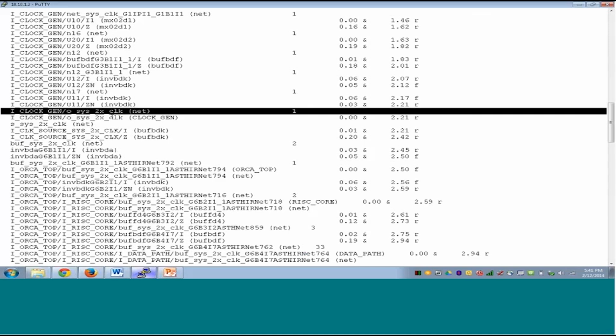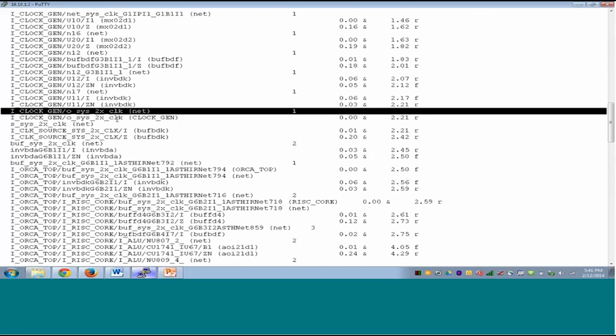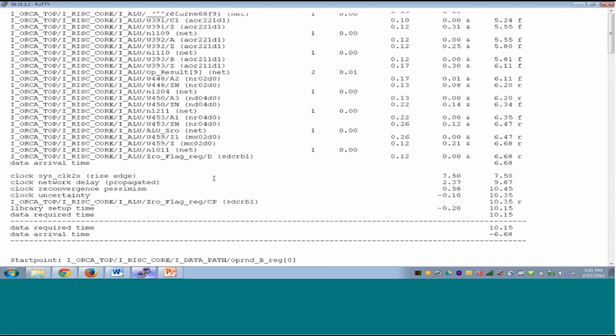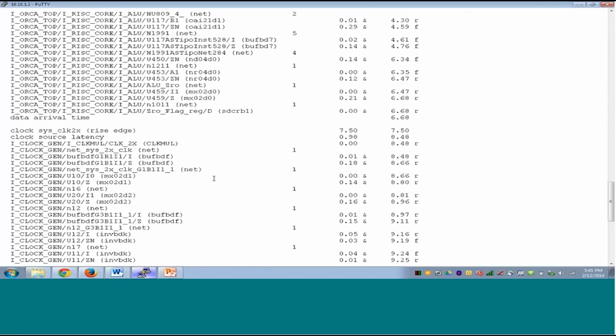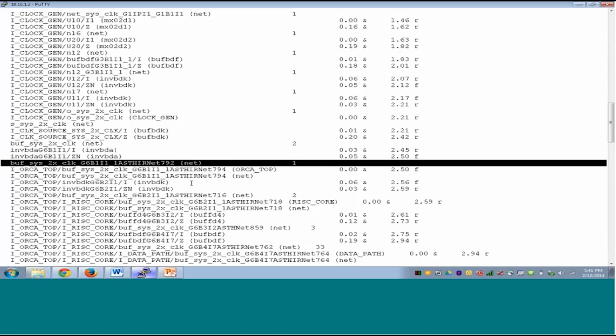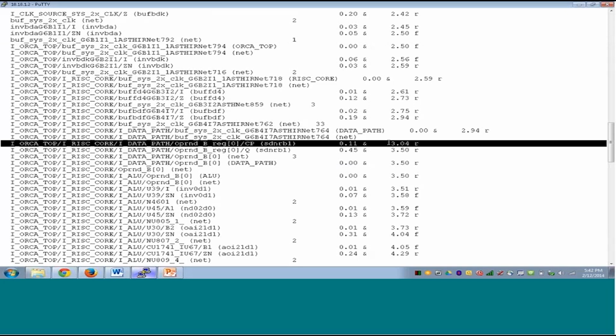It goes to OSC 2x clock, and then goes through some logic and reaches this. So here it reaches at 3.04.